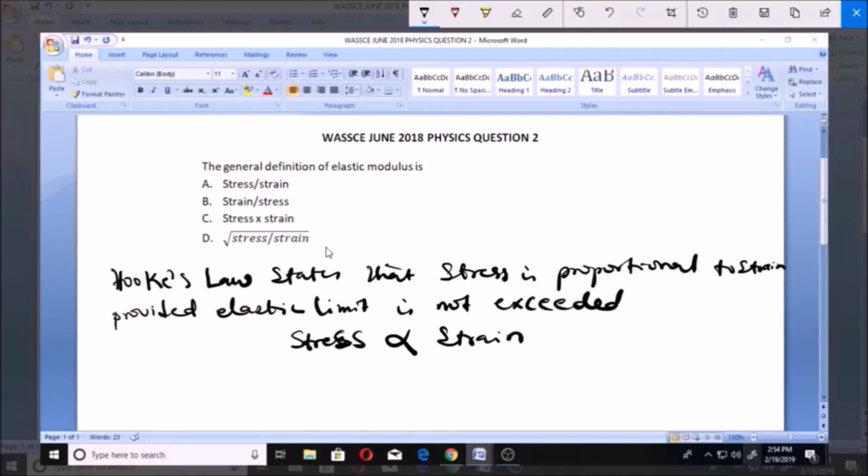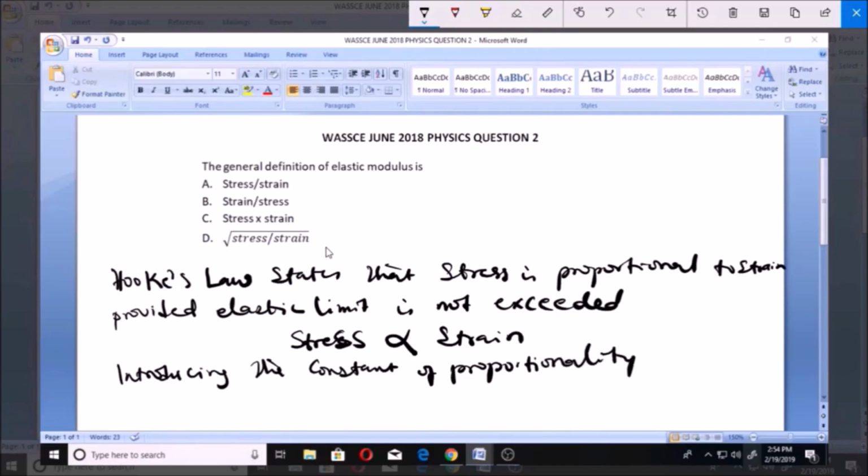Once you have such a mathematical representation, you can introduce a constant. If you want to change your proportional sign into an equal to sign, you must introduce the constant of proportionality, and this constant in this case is known as Young's modulus of elasticity.